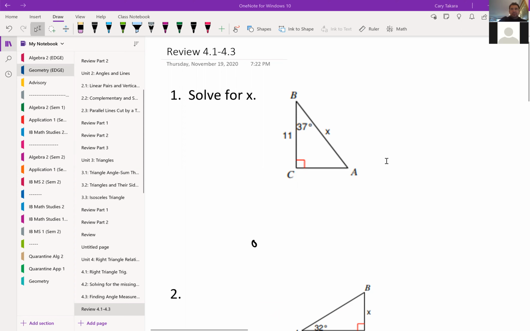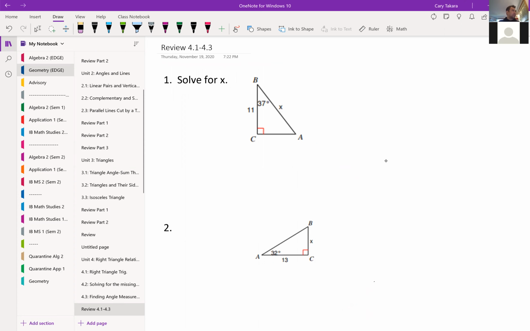All right, so here it is. Again, this is not the assignment, but just a review problem. I only have about 5 problems, so we'll go through that.